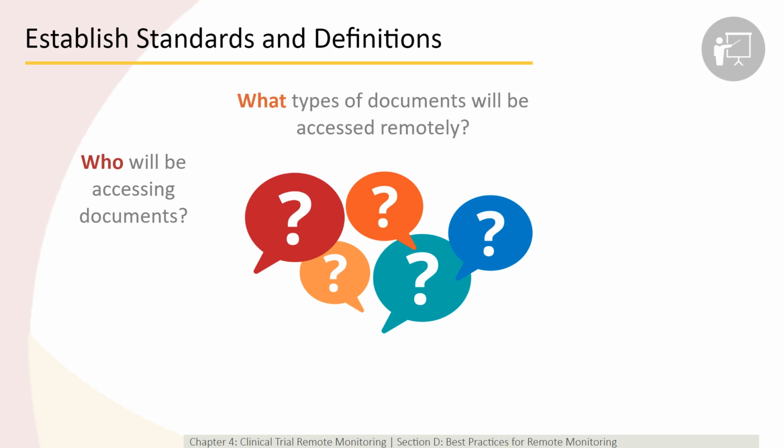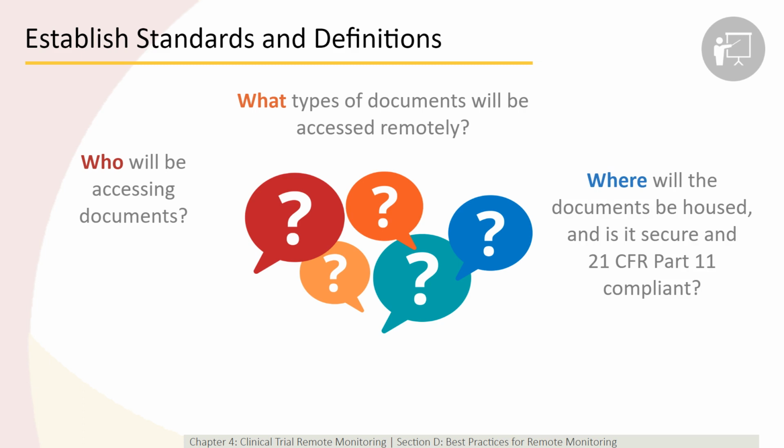What types of documents will be accessed remotely? Research documentation can vary greatly from informed consent forms to calibration logs. Where will the documents be housed, and is it secure and 21 CFR Part 11 compliant? Examples of electronic storage include purpose-built e-regulatory or eTMF platforms, comprehensive document management systems, and shared drives.